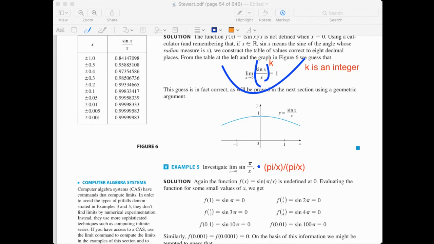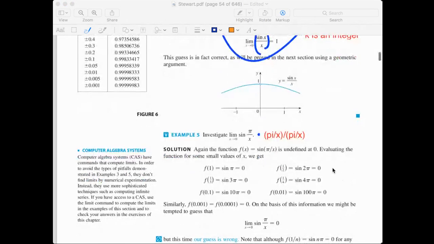Now, let's go back. So then what's left? Then we have the limit. We have sine pi over x divided by pi over x, which according to the identity equals 1.